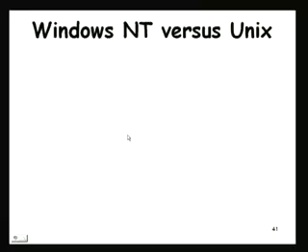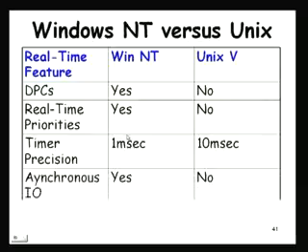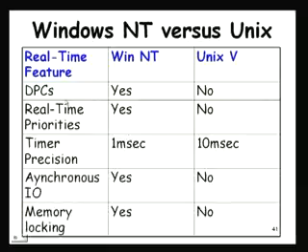But if we compare NT and Unix for real time applications, we will see that the DPCs are supported by Windows NT. So, the interrupt response time is much better here compared to Unix System 5.